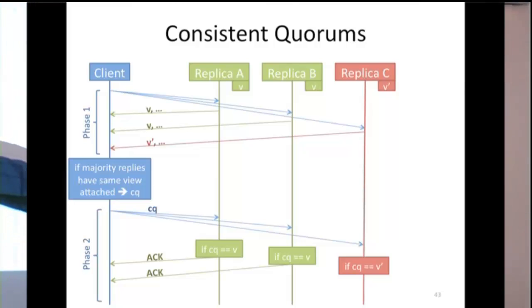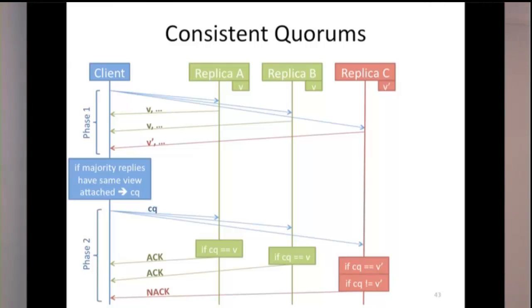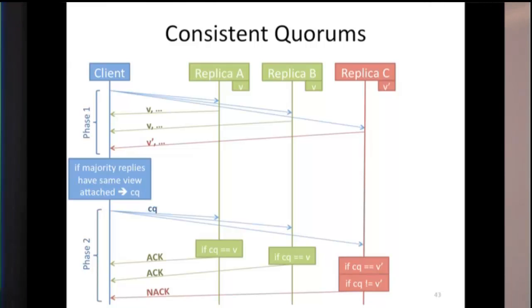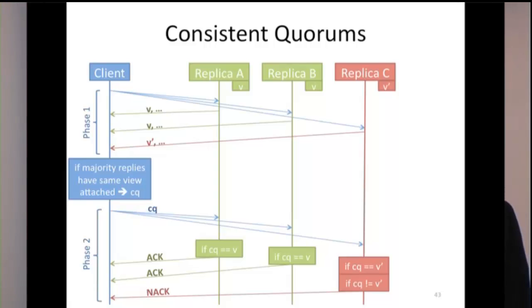Remember, the consistent quorum was V. So he will try to compare it with his own view. It's not the same. So he will say, no, this is not the same as my view. This is not acceptable for me. But the client already gets an acknowledgement from a majority, so the operation completes. Everything is fine. No consistency is violated.